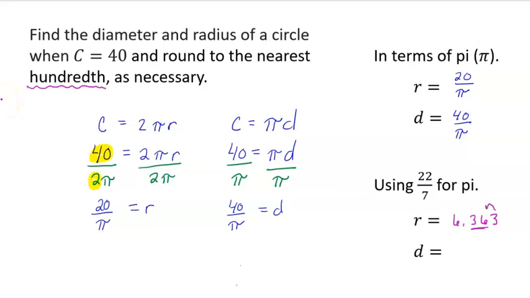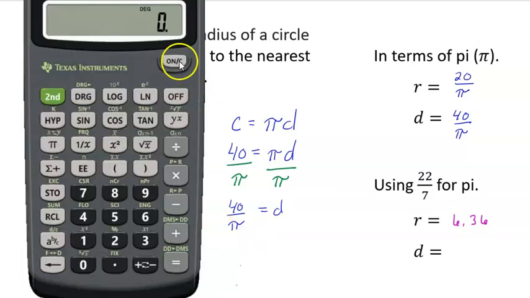That 3 is not going to change the 6, and so it's just going to be 6.36. And then we would do the same thing for our diameter. And just keep in mind that our diameter should be about twice of what we got with the radius.